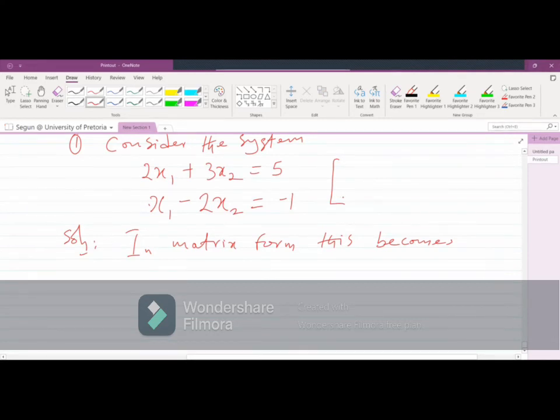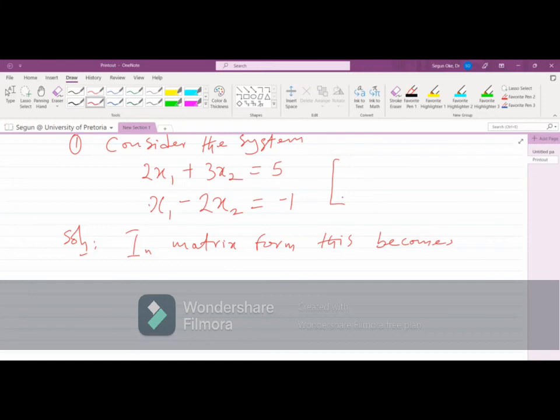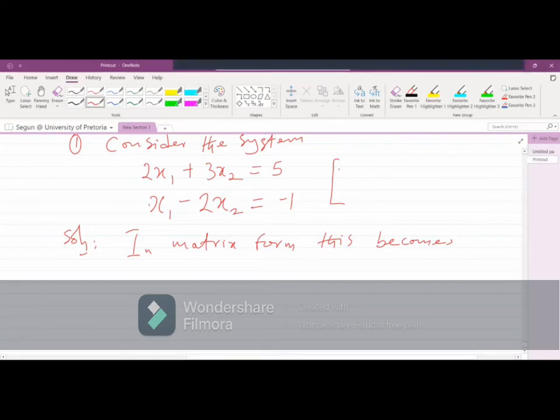What is the dimension of this matrix, without even writing it? 3 by 2. Okay, you are all wrong. Let me explain.